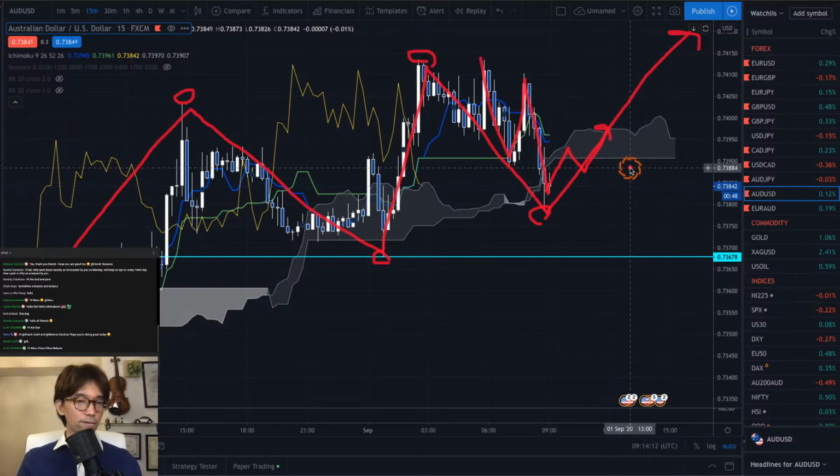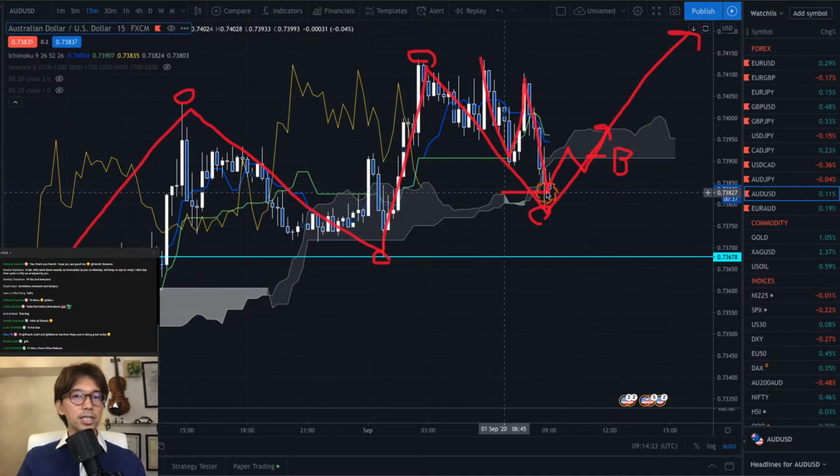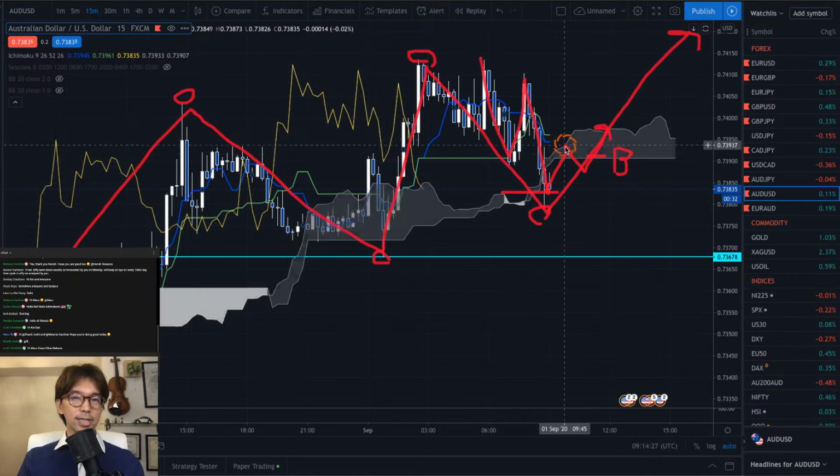That will be one of the confirmations to look for a buy chance once you see this N wave forming. Or this might be one of the Fibonacci retracement levels, and the price may bounce off of it. That will be another confirmation for this reversal to the bullish N wave.